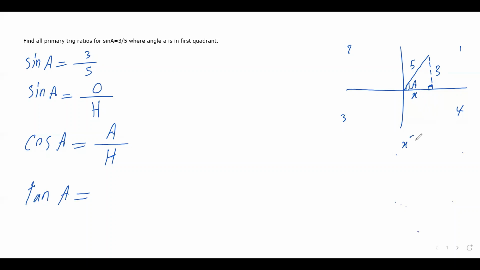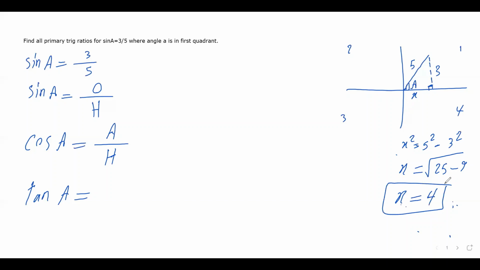So x squared equals 5 squared minus 3 squared. So x equals the square root of 25 minus 9, so that's 16. So x equals the square root of 16, which is 4. We just found x, which is 4.